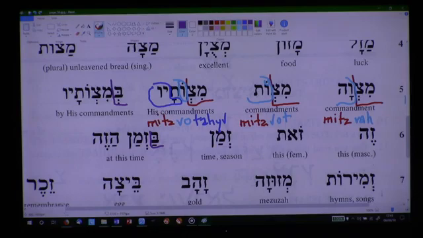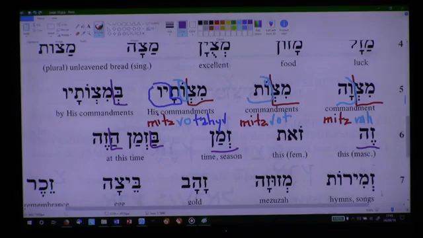Ba, we've added a prefix. Zaman, which is time or season, we see it right here, zaman. And then hazeh is the masculine form. Actually, it's ha-zeh, the this.